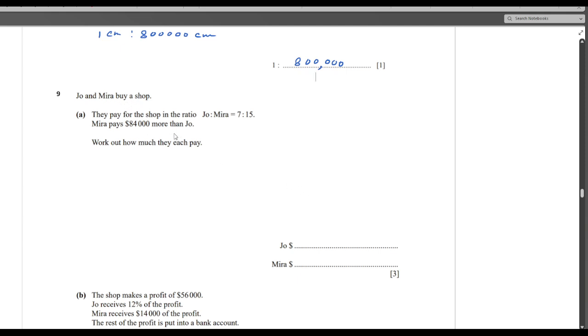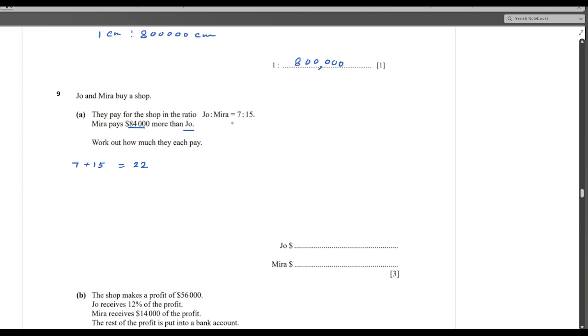Now Joe and Mira buy a shop. They pay for the shop in the ratio Joe to Mira is 7:15. Mira pays 84,000 more than Joe. Work out how much they each pay. Okay, so here your 7 plus 15 is 22.